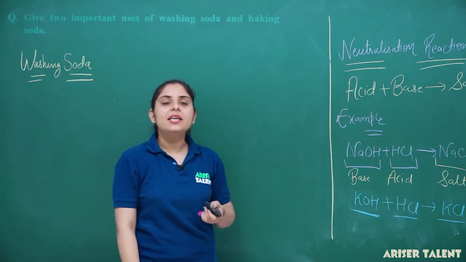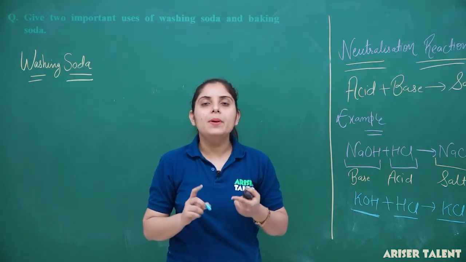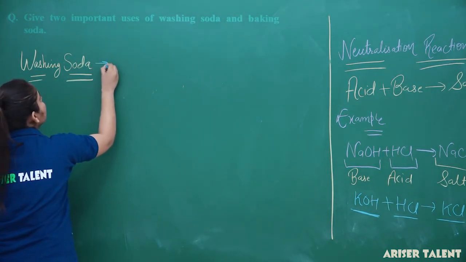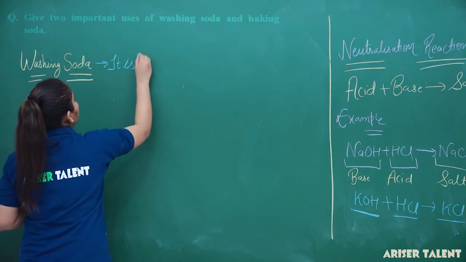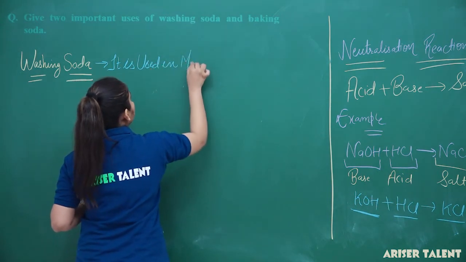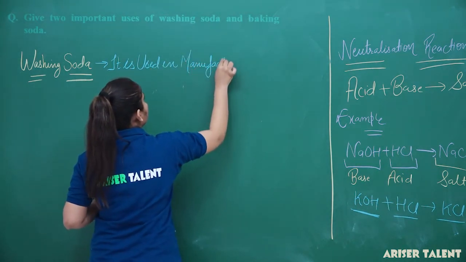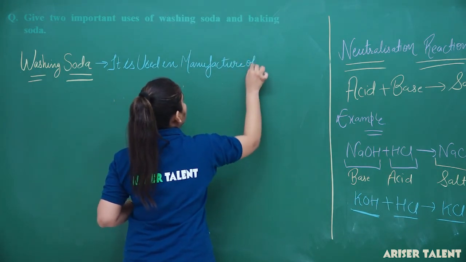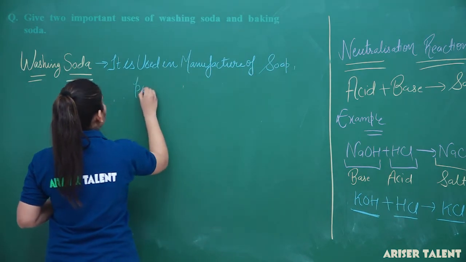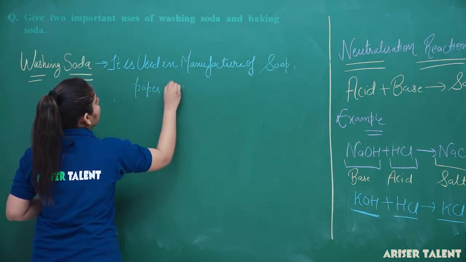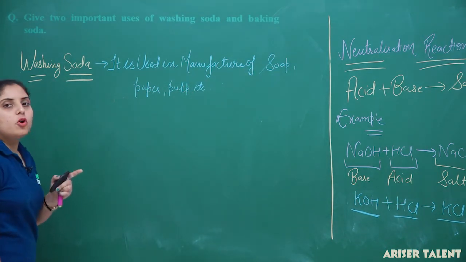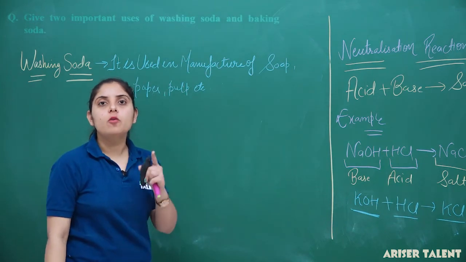Washing soda is basically used to prepare soap, paper, pulp, and sometimes it is used in the textile industry. So its first use is in the manufacturing of soap, paper, pulp, etc. Secondly, washing soda is basically used for the softening of water.